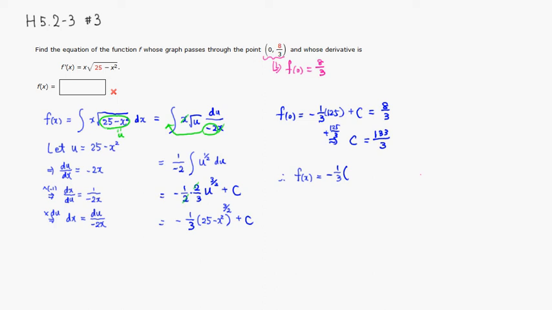Which is negative 1/3 times 25 minus x squared, raised to the 3/2 power, plus 133 over 3. Alright, so let's type it in.